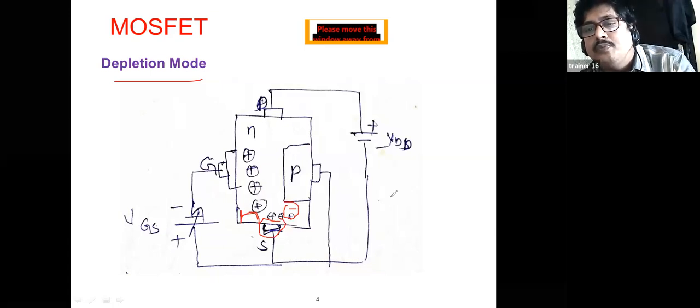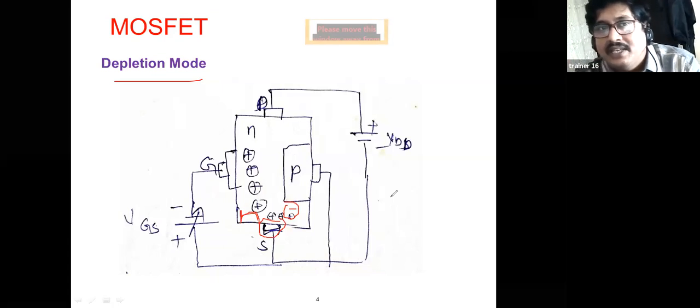Number 80, if you give positive to G and negative to S, then what happens? Yes, next we are discussing that mode only. Nagaraju, you are right. What you said, if you give positive to G and negative to S, then we can increase the current.